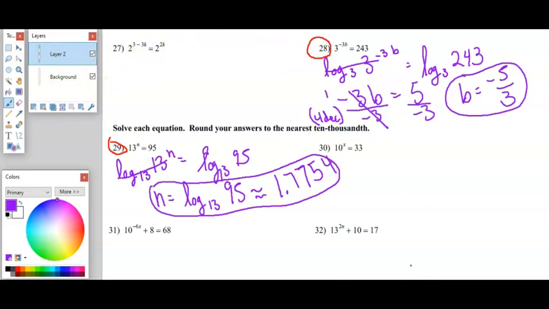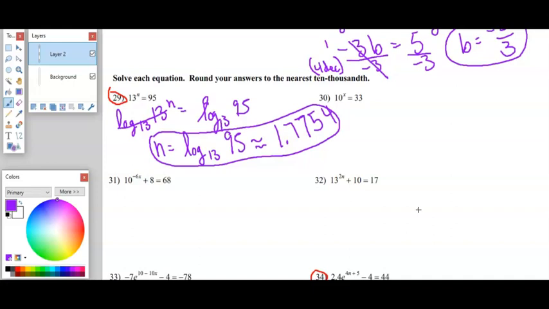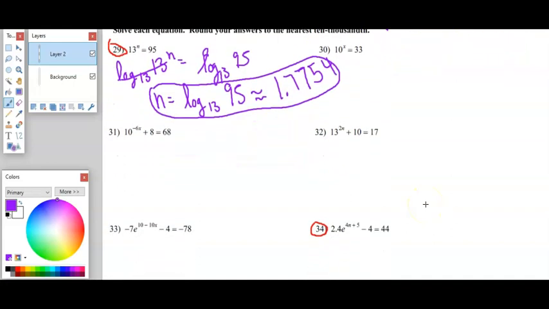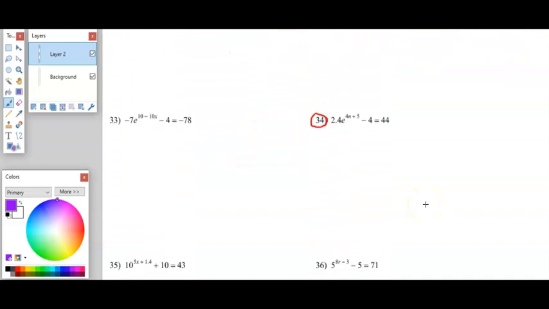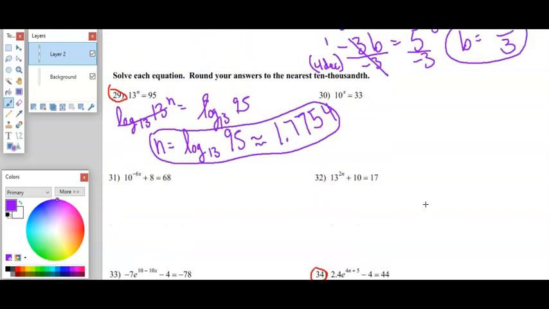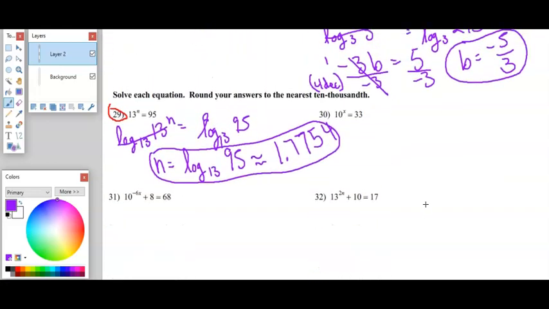There's another way that we could do this that doesn't involve log base the number that you're given. You could do a base of e or a base of 10, and get the same thing. Let's do number 32 with that.